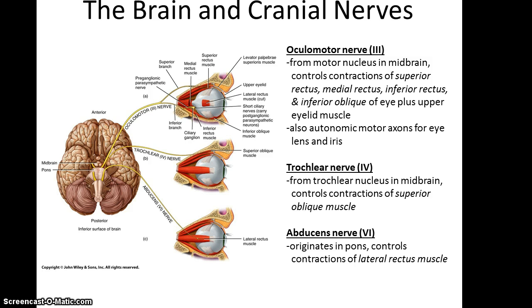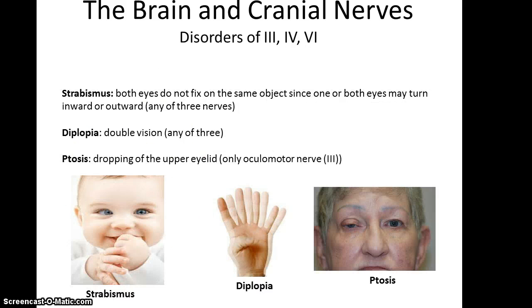And also it has some autonomic motor functions for the lens and the iris. The trochlear nerve controls the contractions of the superior oblique muscle, and the abducens nerve controls contractions of the lateral rectus muscle. So these 3 nerves are what help us control our eye movement.